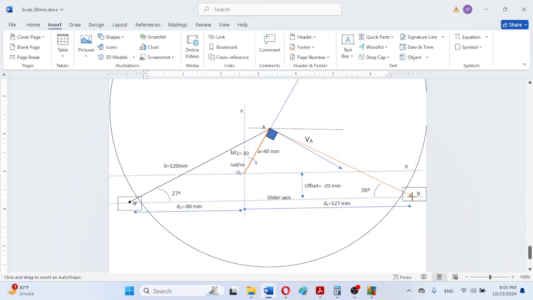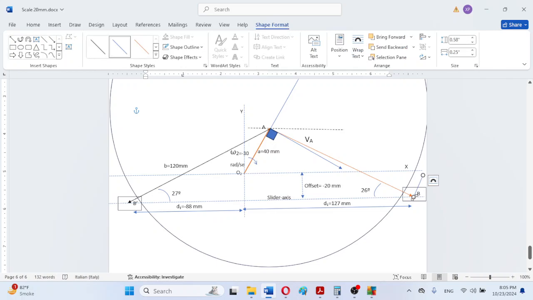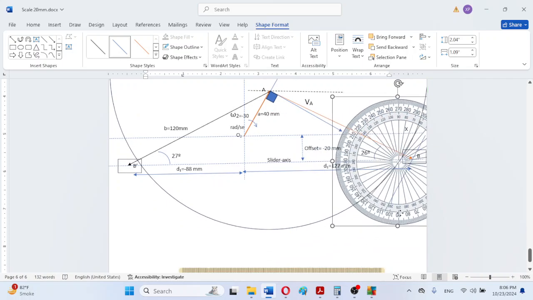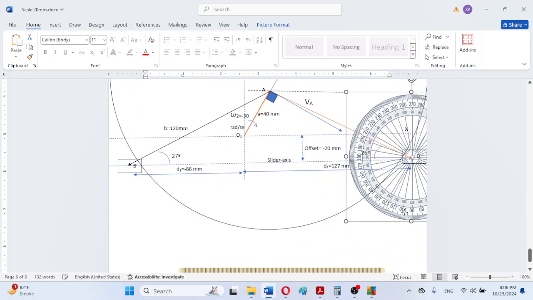In this way we can approximately draw it perpendicular, in both orientations at point B, and we must confirm that it must be 90 degrees. That can be verified with the help of this protractor.